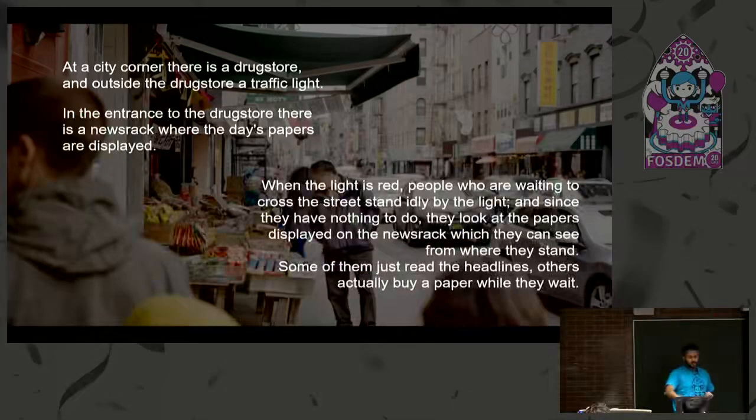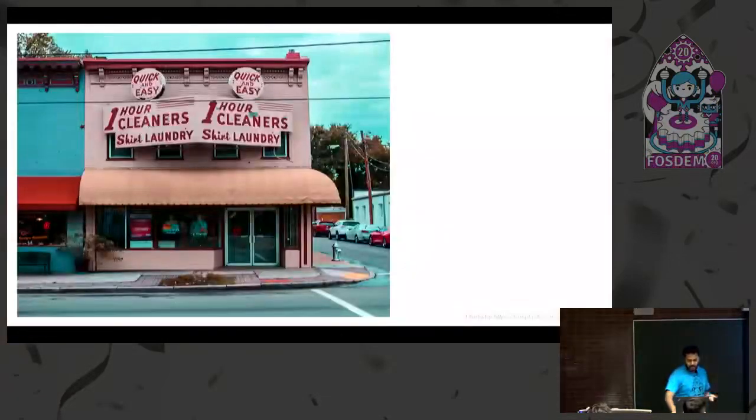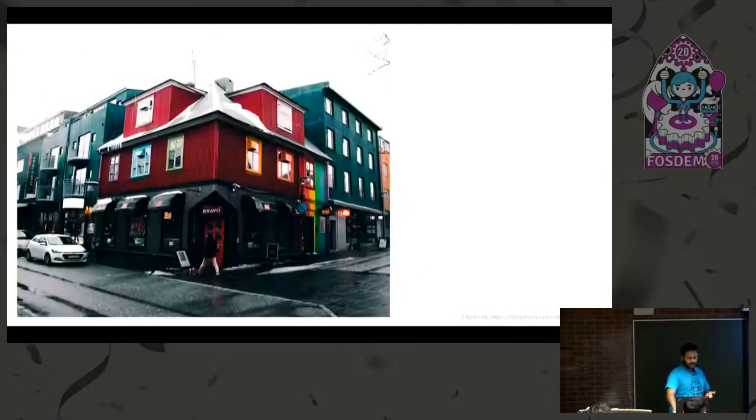To get this point through, for this example where he's talking about just a corner store, we're going to go through the next slide looking at the same description across different cultures and different places. So a place I'm familiar with, this is somewhere in America. Same thing described in another place.